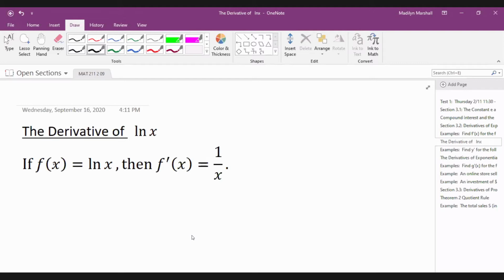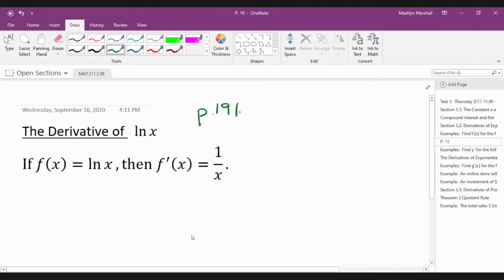Well, all of our exponential and logarithmic function rules are going to be on page 191, and we haven't gotten to all of them yet, but this rule is on 191.